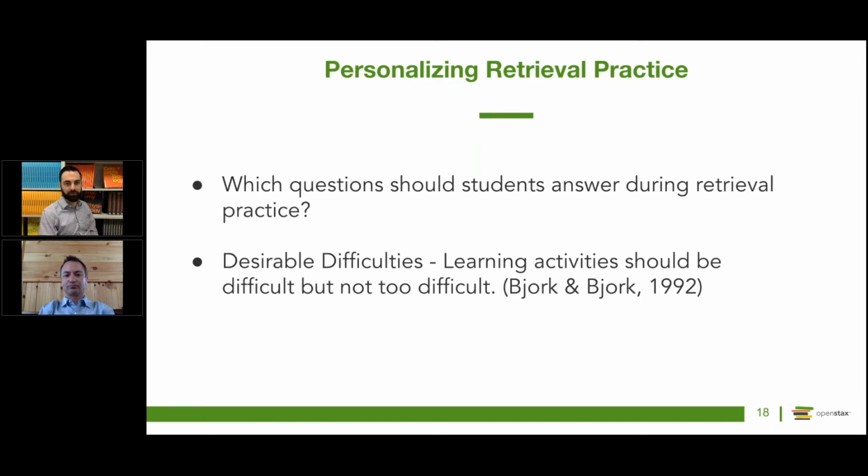And so you need to consider both of these when choosing the correct question to give. The way that we do that is with a machine learning algorithm called SPARFA, and I'll turn it over to Rich to explain how we personalize retrieval practice based on difficulty of items.